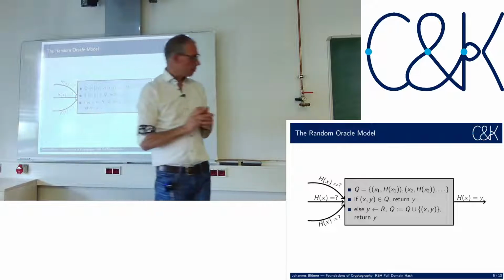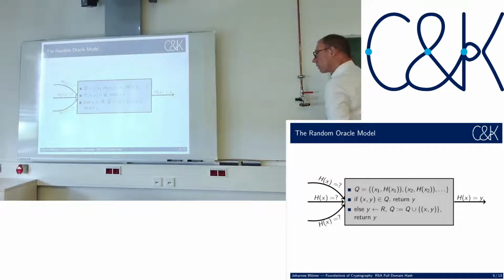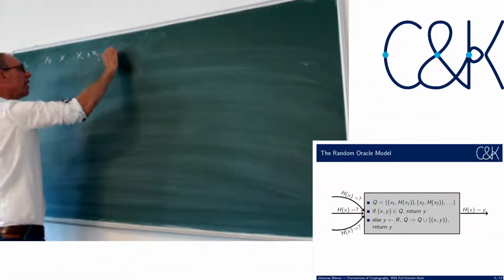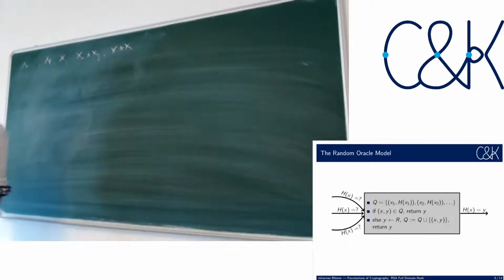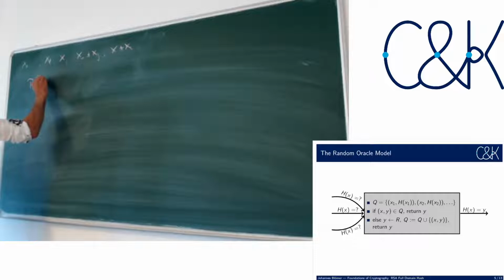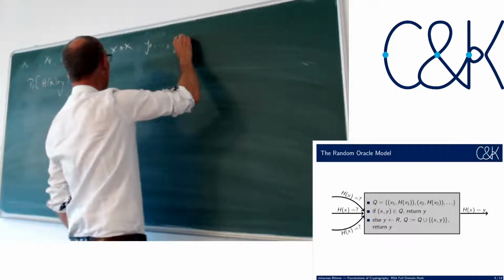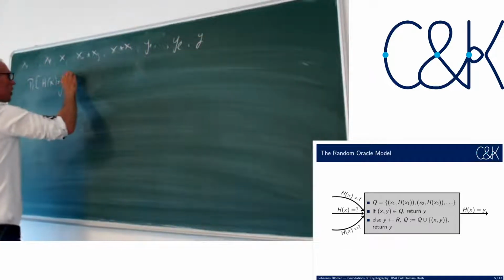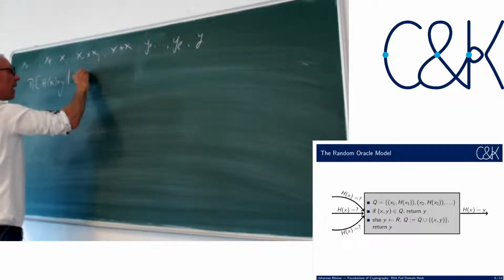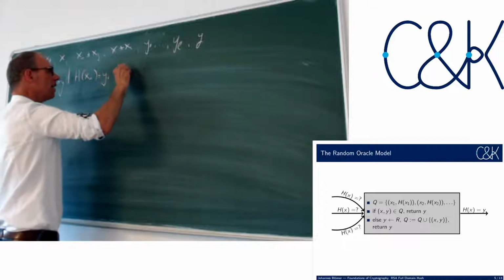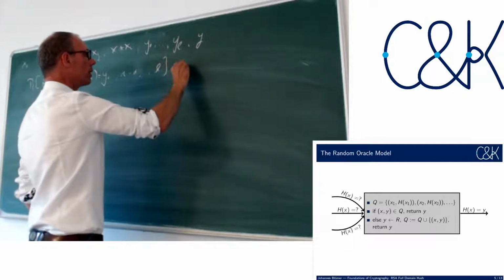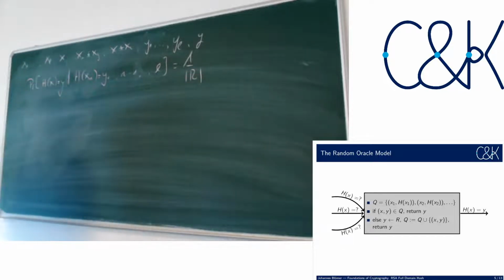In particular, we have this property for this random oracle that if we have x1 through xl, and x is not equal to xi for all these i's, then the probability of h of x being y, where we also have y1 through yl and a new y, conditioned on h of xi being yi for i from 1 up to l, is 1 over the size of R, if this y was not queried.